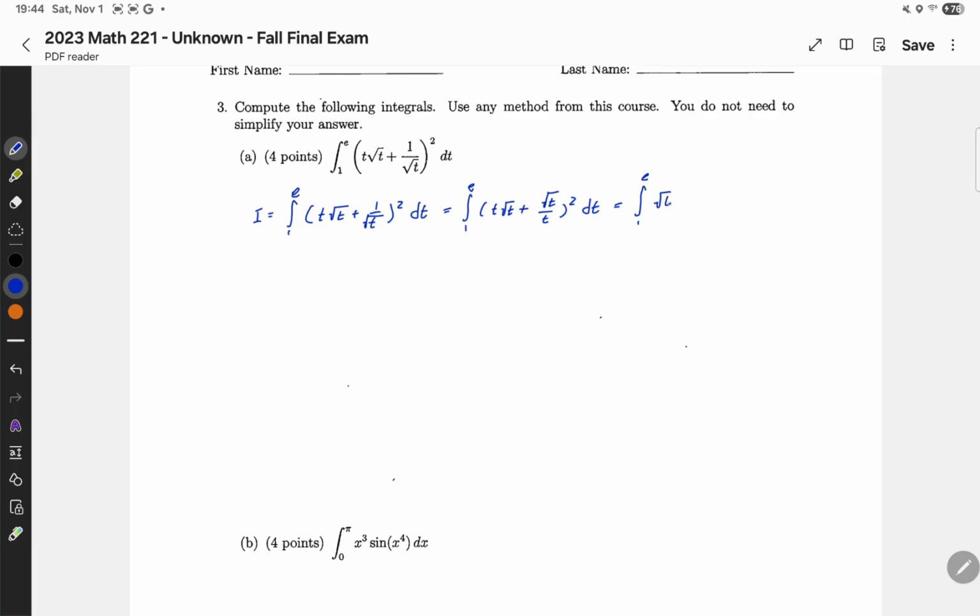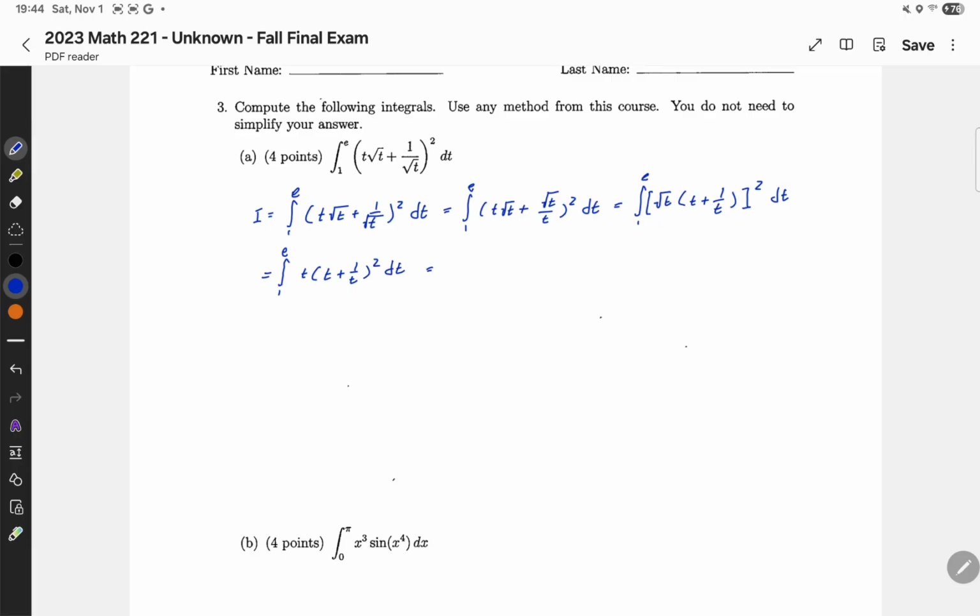So I have the square root of t, let me put my brackets around this, times t plus 1 over t, and all of this is going to be squared just like that, dt. This is now equal to the integral from 1 to e. This square root t squared term is going to turn into t, and then it's going to be multiplied by t plus 1 over t squared dt.